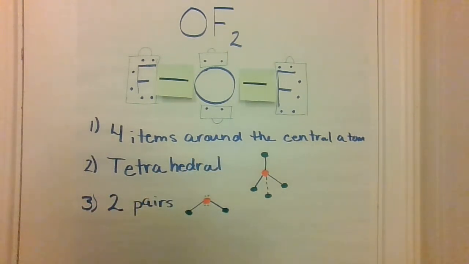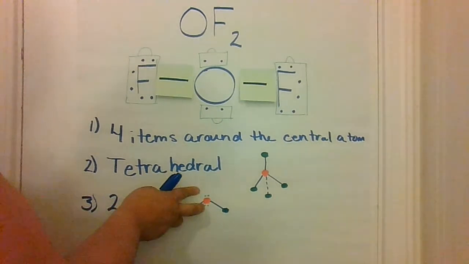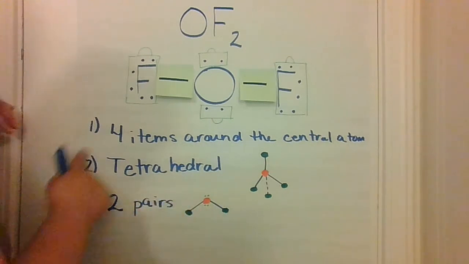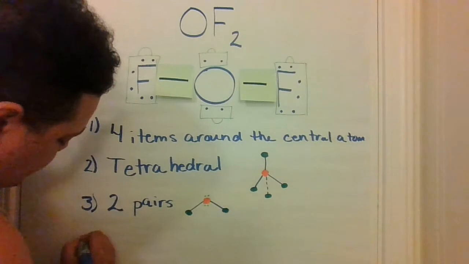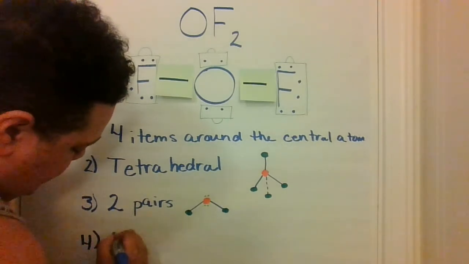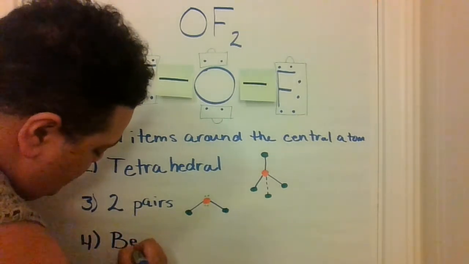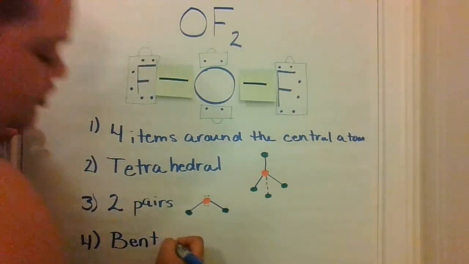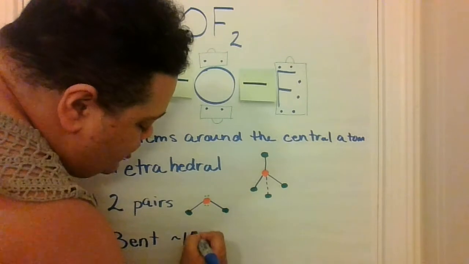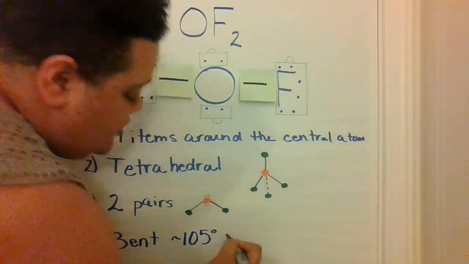So we would refer back to that same information, and we would know that a compound that has two lone electron pairs that was originally based on a tetrahedral structure is going to actually be a bent structure. And the angle for a bent structure is approximately 105 degrees.